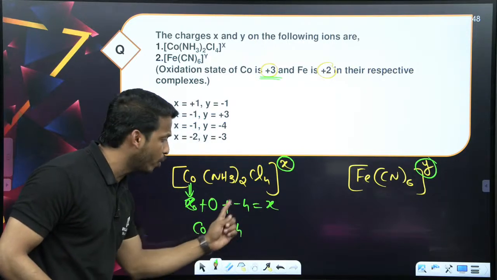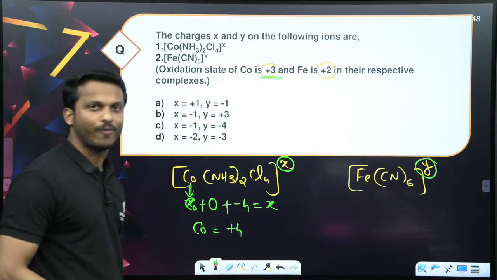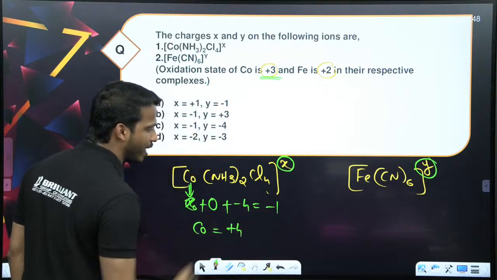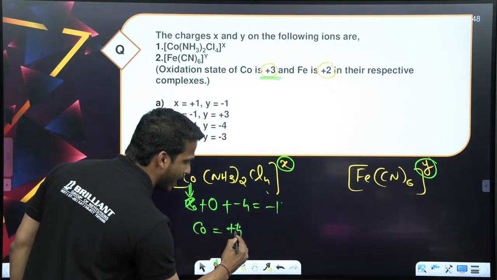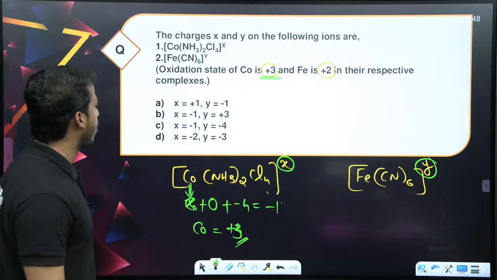If X is 0, you will get +4. If you want +3, what should be the value of X? I think X should be -1. If X is -1, the 4 goes to the right side, and you will get +3. Yes or no?